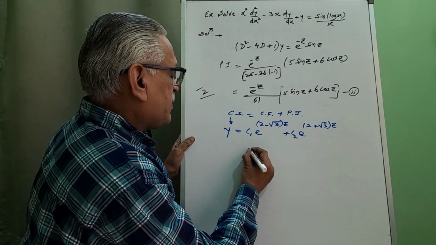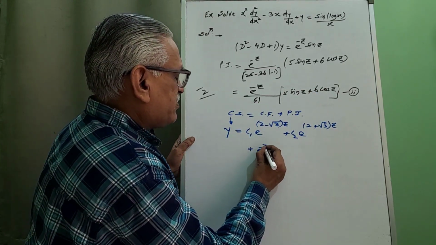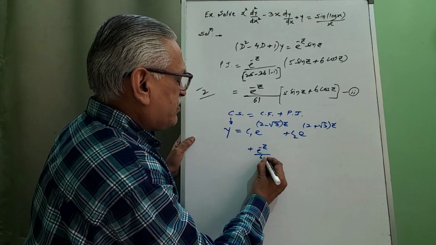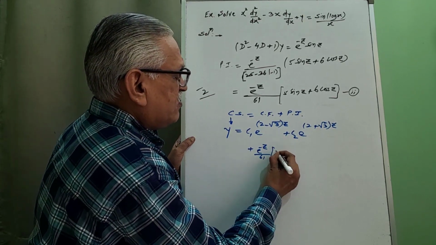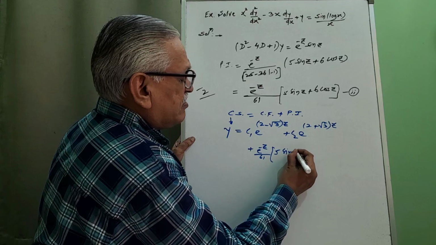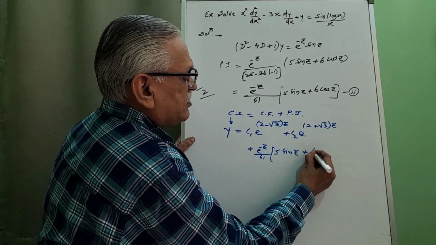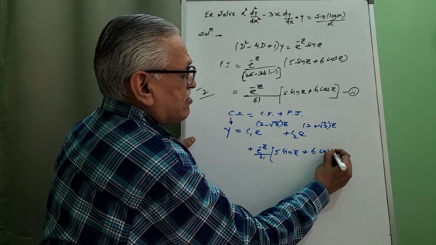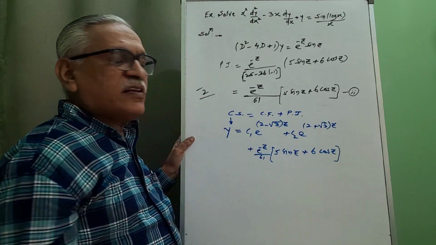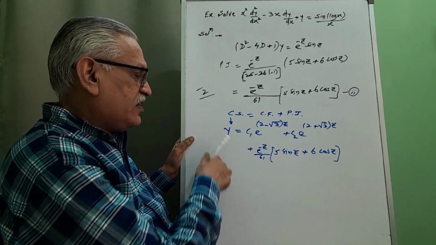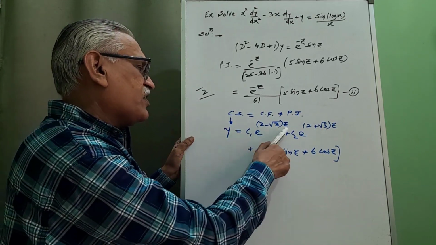Therefore, it is plus e raised to minus z by 61, 5 sin z plus 6 cos z as the required solution.